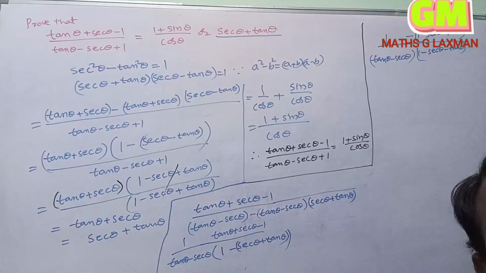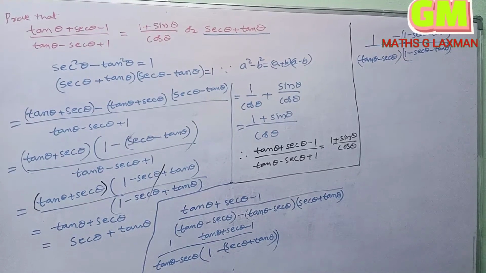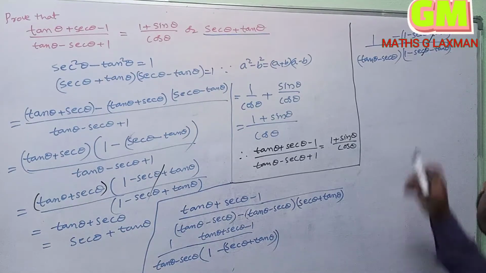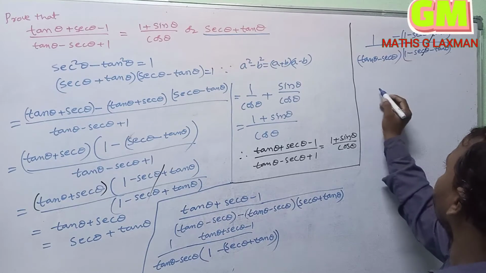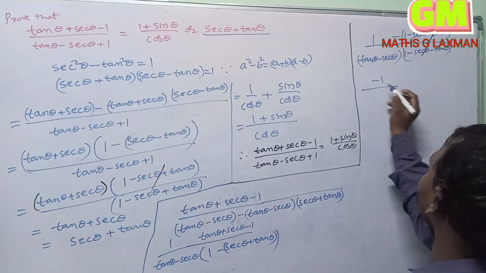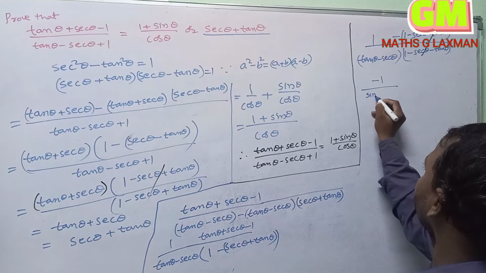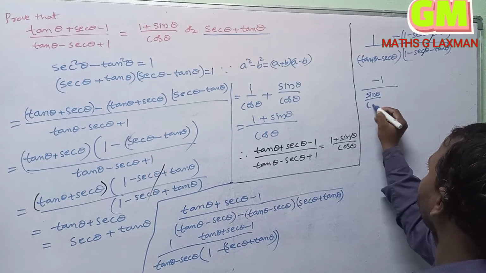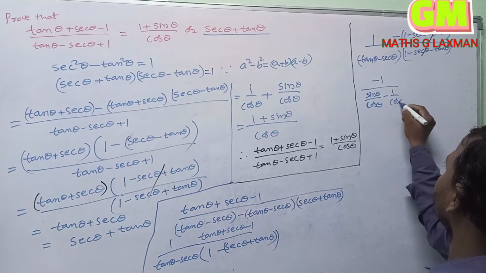Now these two will be cancelled, so you are left with only the minus sign, and in place of this, minus 1 by, in place of this you should write sin theta by cos theta minus 1 by cos theta.